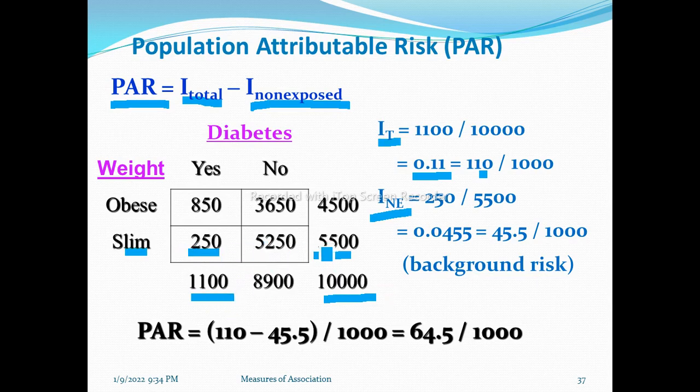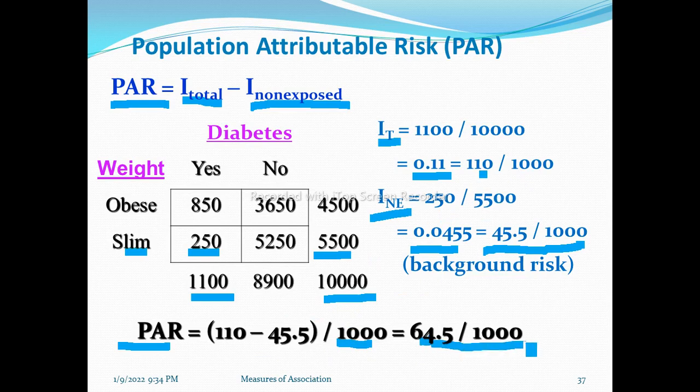Now we have 0.0455, so 45.5 per thousand. This is the background risk. Now population attributable risk is equal to 110 minus 45.5, which is 64.5 per thousand.